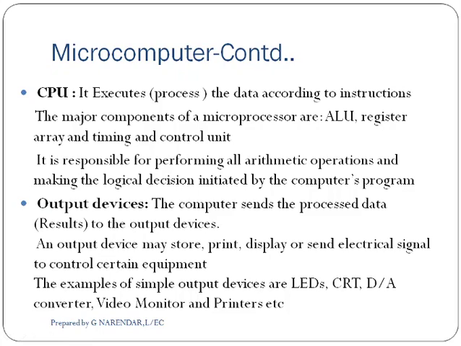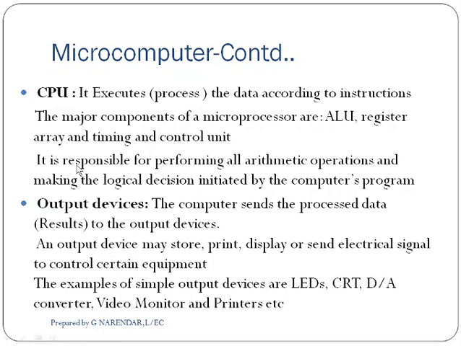In this example we got 2 plus 3 as 5. After getting 5, it cannot immediately give it to the output device, but it has to store it somewhere inside your microprocessor, in some registers that are present inside, and that is called the register array. It also has another circuit called the timing and control unit, which is responsible for controlling all input and output devices and memory.